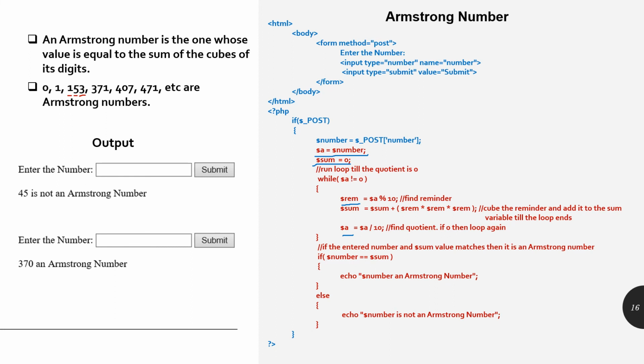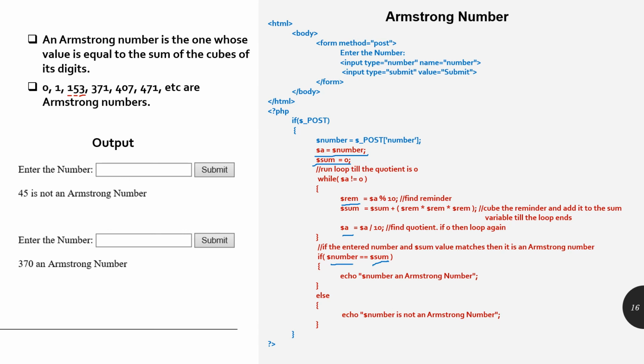So 0 is not not equal to 0, so this loop will come out. Now the result is available here in the sum. We need to compare the sum and the already existing number, that is 153. Here also 153. The given number is an Armstrong number.